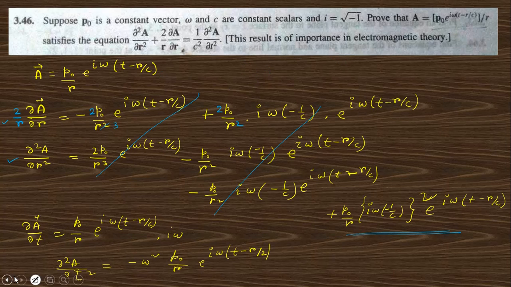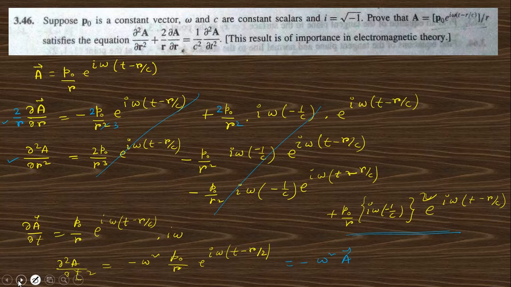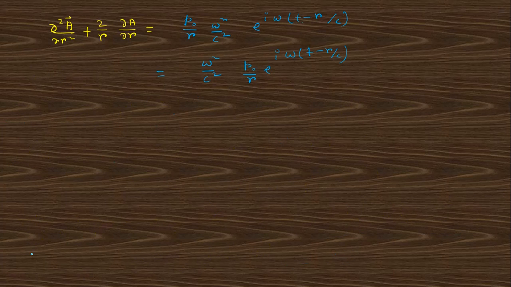So this is actually minus omega square A vector, and this is nothing but omega square by c square A vector. There is a mismatch of c square, so this will be written as 1 by c square ∂²A by ∂t².